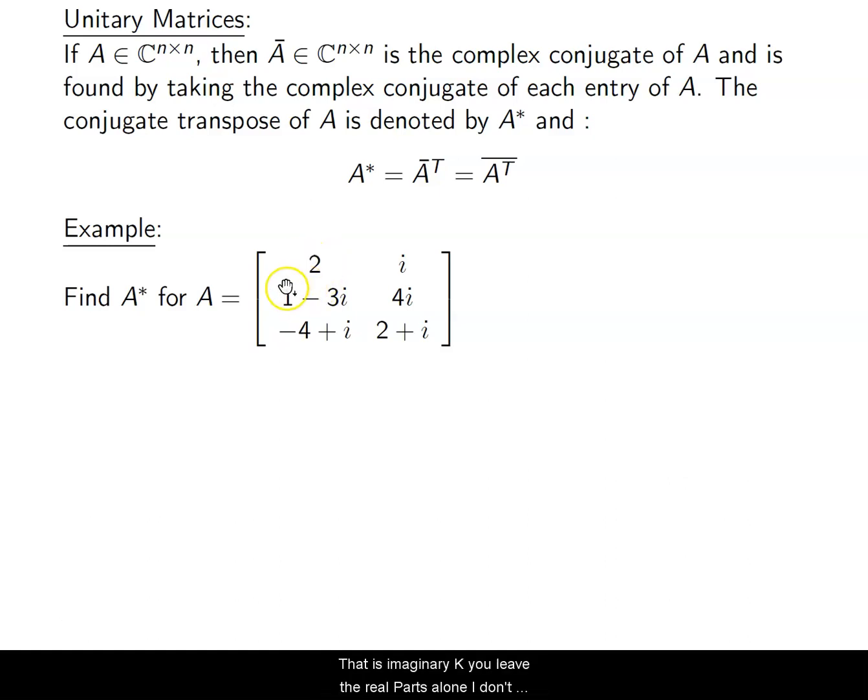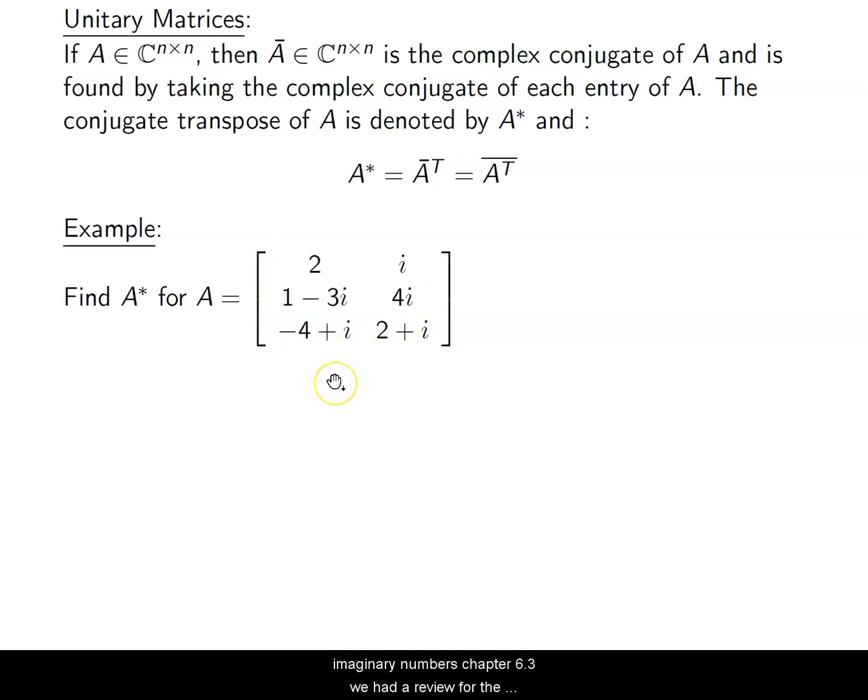You leave the real parts alone. It's a very common mistake for students to change the signs everywhere. That turns this matrix into negative A. We don't want negative A, we just want the complex conjugate. So this will be 2, negative i, negative 4i, 1 plus 3i, negative 4 minus i, 2 minus i.